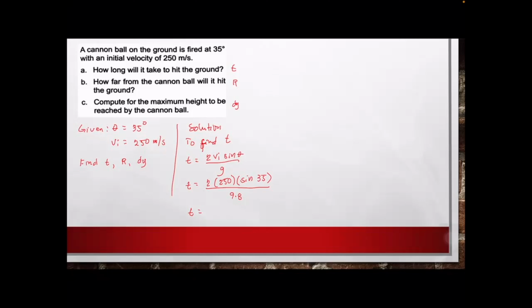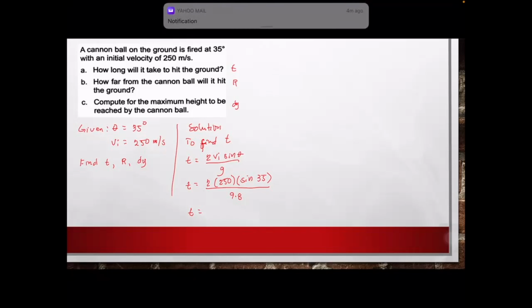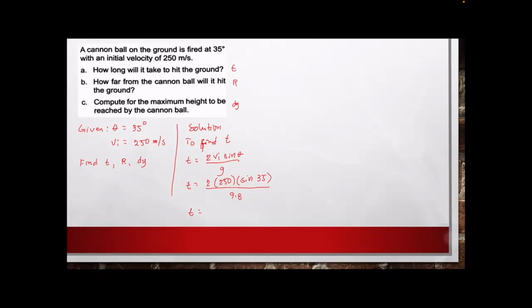Some answers were 1.33, but that is far from the correct answer. The answer is 29.26 seconds.